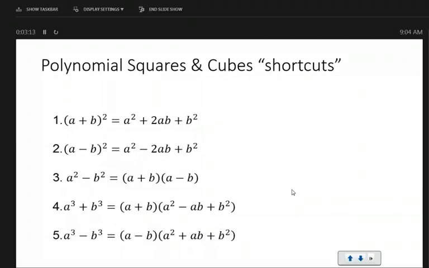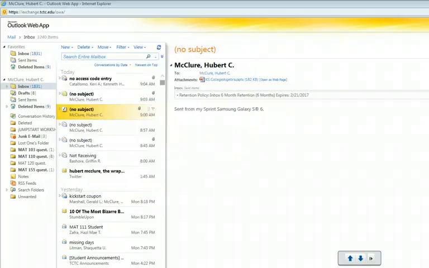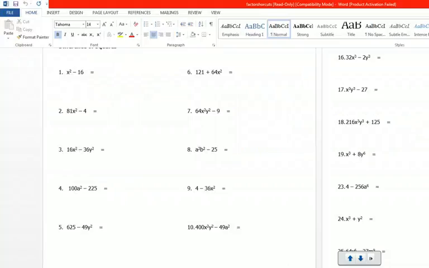Okay, so let's get that back down and find that page. There we go. So 2 is 9x plus 2, 9x minus 2.